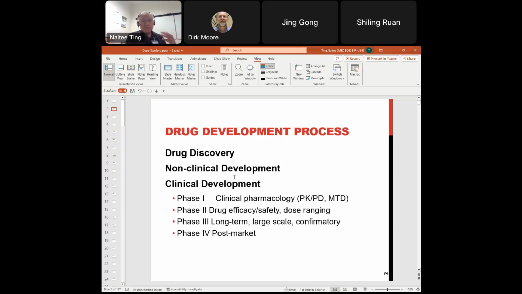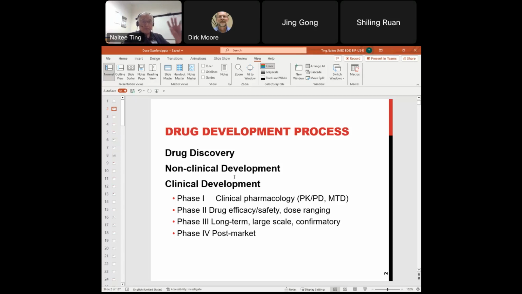In the concentration, they can start with 0.001, then 0.003, 0.01, 0.03, 0.1, 0.3, 1, 3, 10, 30, 100, and so on and so forth. And the unit is what they call MPK, milligram per kilogram. So they're looking at the concentration of the test drug and the body weight of the animal. So it's milligram per kilogram.